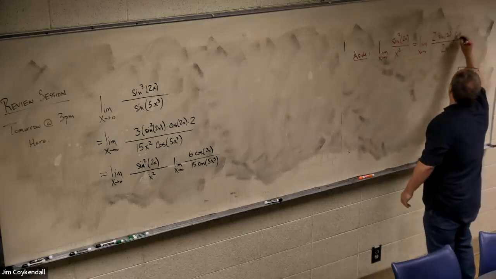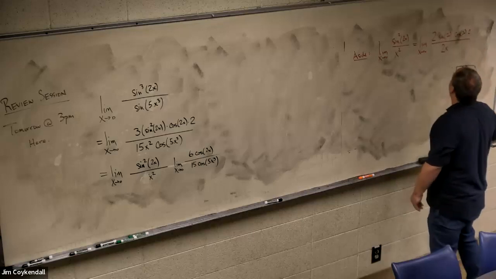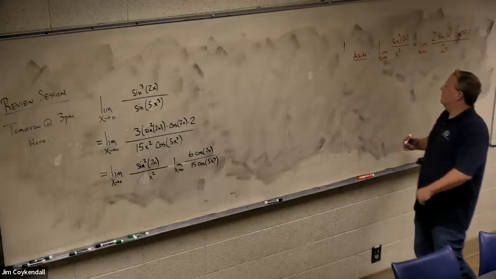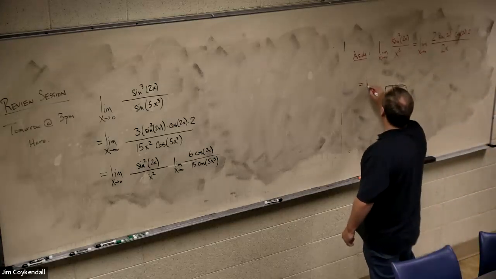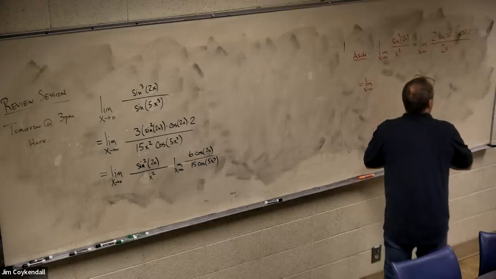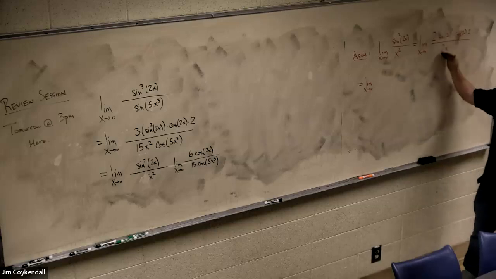Derivative of sine is cosine 2x. Notice again, 0 over 0.